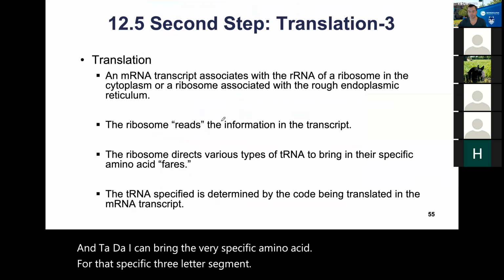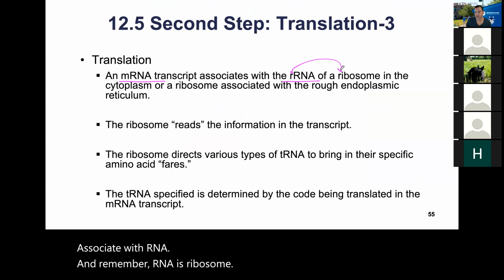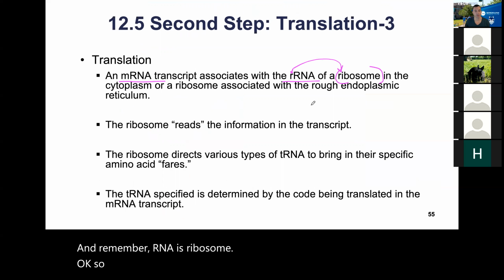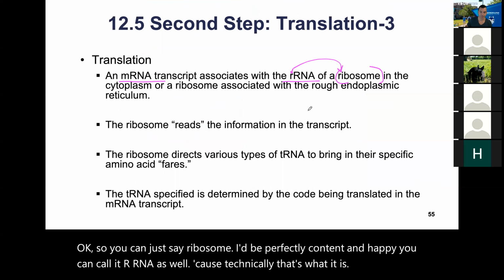All right. So what is translation? mRNA associates with rRNA. And remember, rRNA is ribosome. Okay. So you can just say ribosome. I'd be perfectly content and happy. You can call it rRNA as well, because technically that's what it is. Okay.